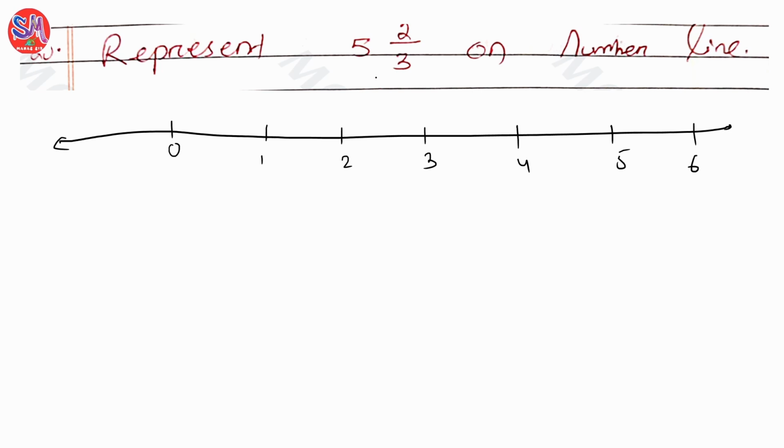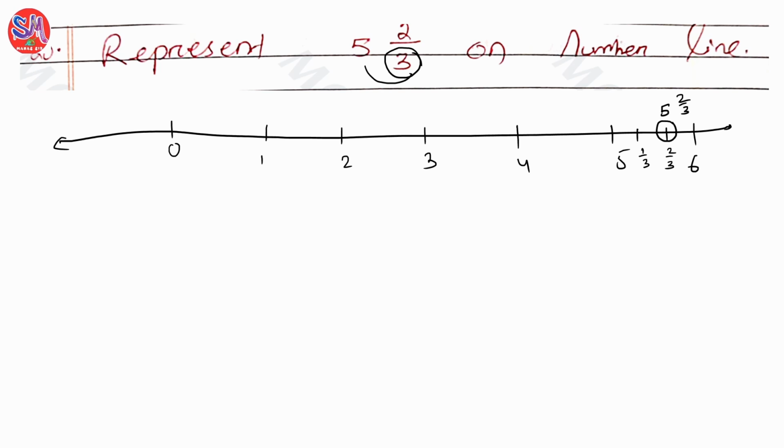Now this rational number lies between 5 and 6. Yes or no? Now we can divide 5 to 6 into how many parts? The denominator is 3, meaning 3 parts. That is 2 lines, the first and the second. The first is 1 by 3, the second one is 2 by 3. Now here we can directly write down 5 whole 2 by 3. Yes or no? This is the first method.